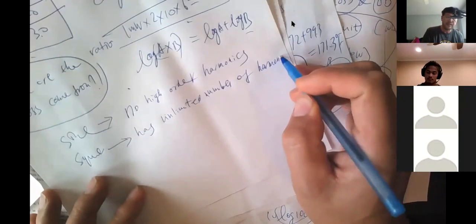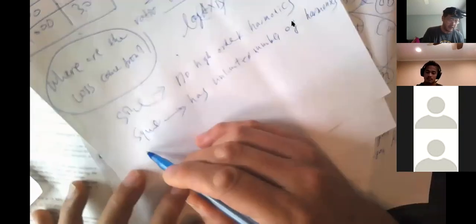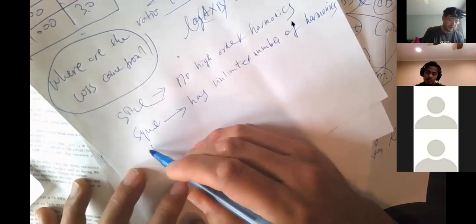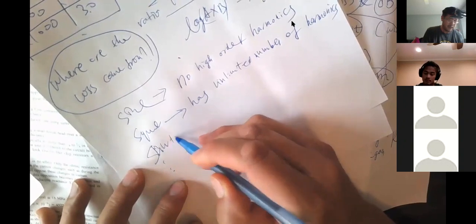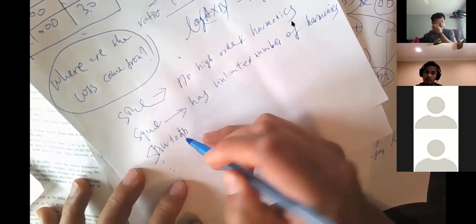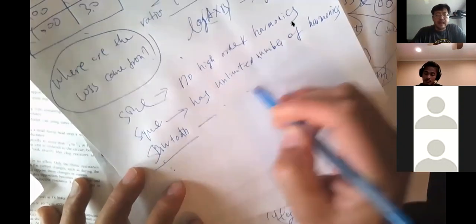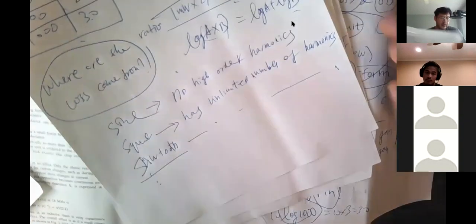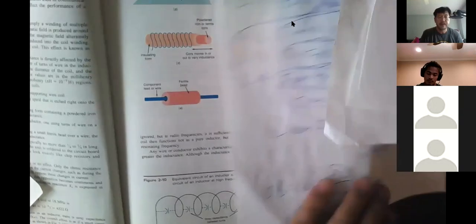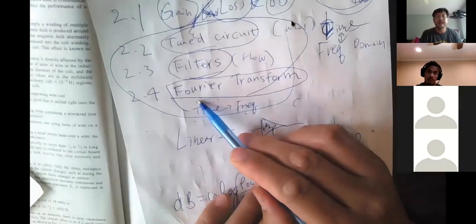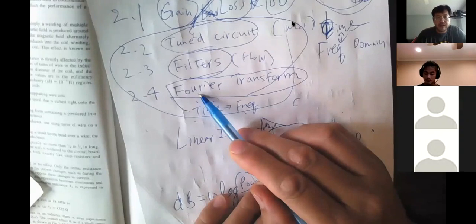So do many other signals like sawtooth. Sawtooth also has a limited number of harmonics. And this is the work of Fourier. He found that out many years ago, Fourier.